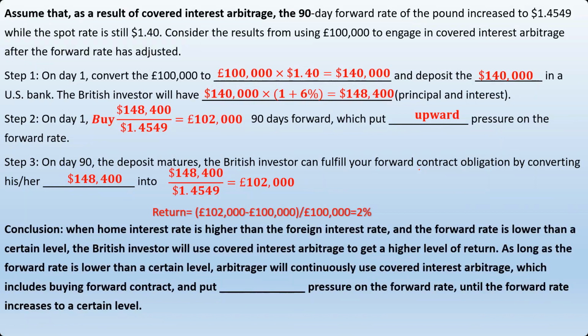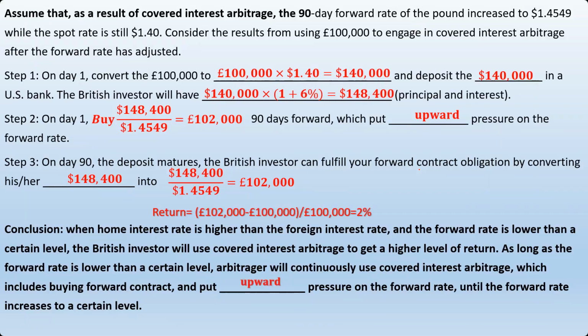So we find that when the home interest rate is lower than the foreign interest rate, and the forward rate is lower than a certain level, the certain level being 1.4549, the British investor will use covered interest arbitrage to get a higher return. As long as the forward rate is lower than that level, arbitrage continues.